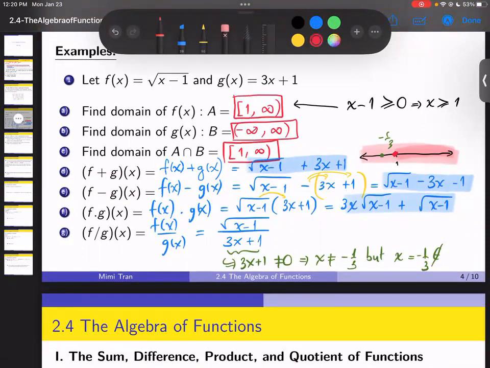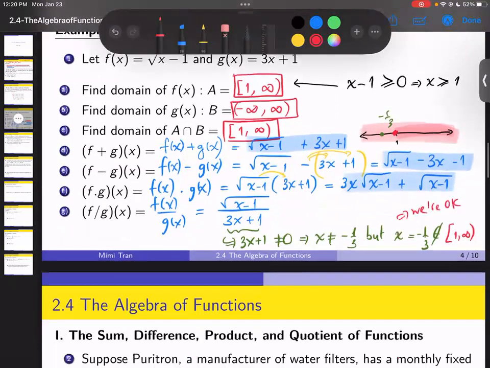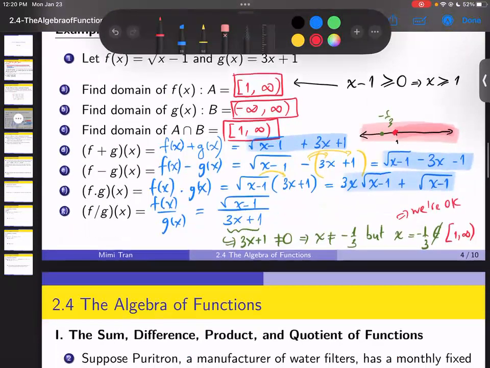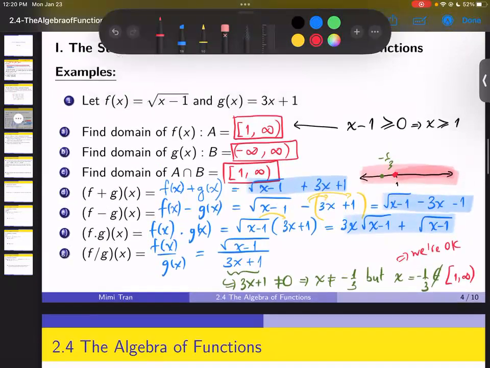Belong to 1 to infinity, so we're good. Any question from this problem?